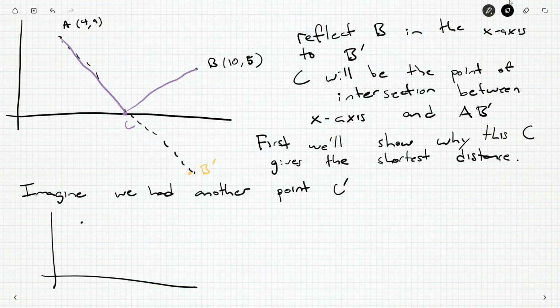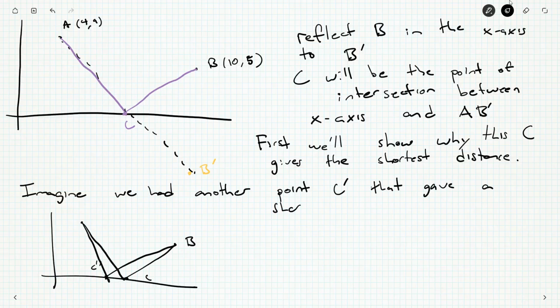So we have our A, and I want my B prime in here. We'll keep B here. So imagine we had another point C prime, maybe it's over here. And here's our actual C. That gave a shorter overall distance.